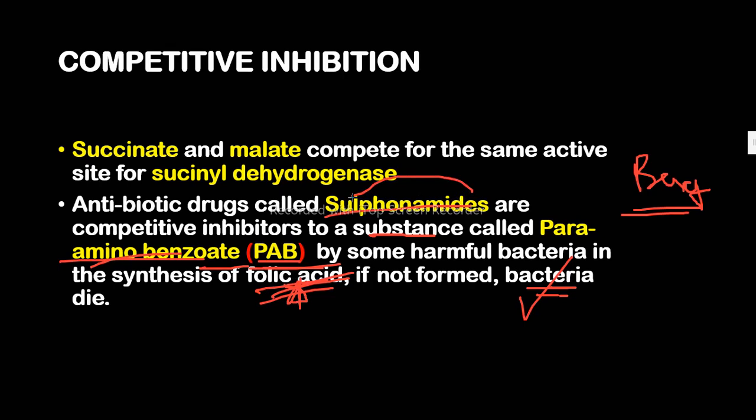When you spray these bacteria with sulfonamides, instead of the enzymes fixing the PABA, they will combine with this antibiotic, and so you won't be able to form the folic acid, and hence the bacteria will die.